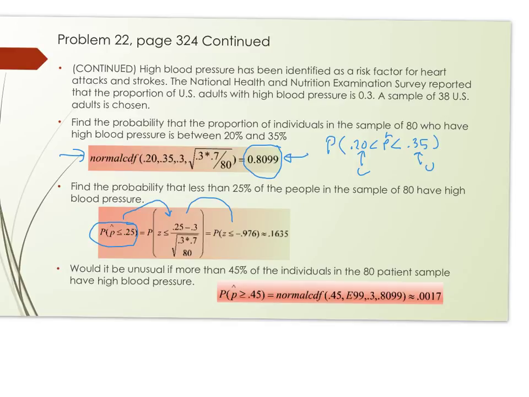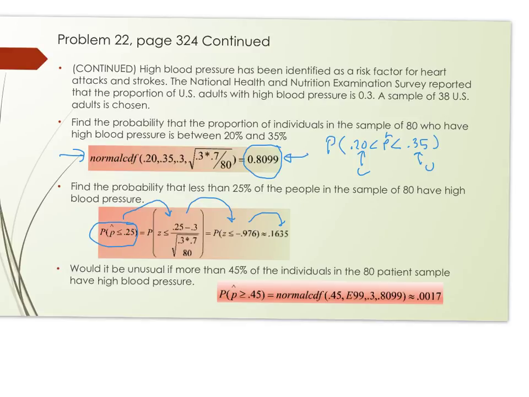That gives us the probability that z is less than or equal to 0.976. When we look that up in the table, we get approximately 0.1635.